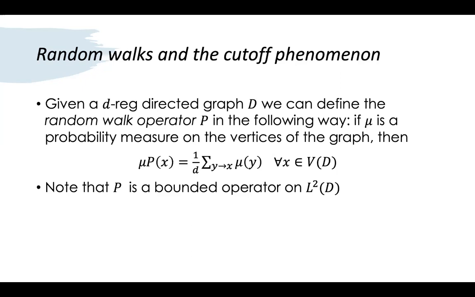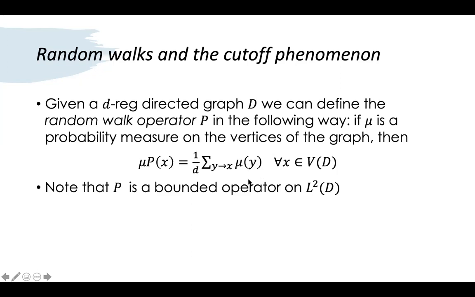So the new number at a point is just the average of the numbers that were written on the vertices that have an edge into this vertex. Okay, so for any vertex X, the new number is 1 over d times the sum of all the numbers that were written in vertices that have an edge into this vertex.